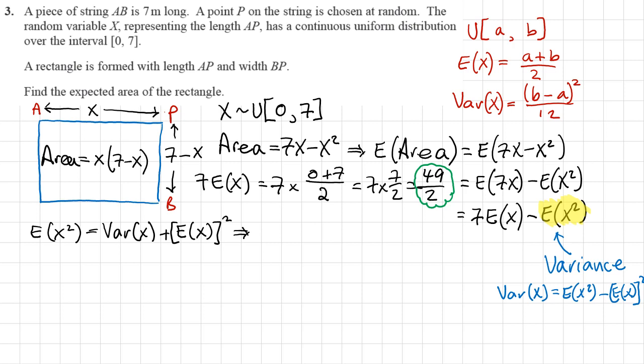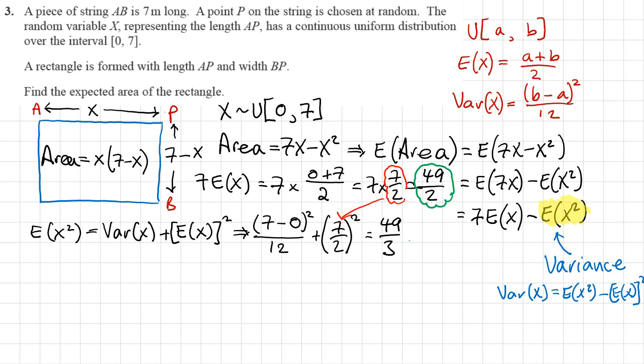So that's going to be 7 minus 0 all squared, over 12, plus the mean squared. So the mean is that 7 over 2, not the 49 over 2, because that's what we got when we multiplied it by 7. So this part is E of X. So we're going to put here 7 over 2 all squared. And that gives a value of 49 over 3.